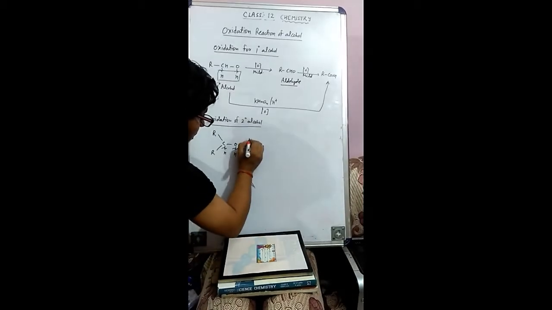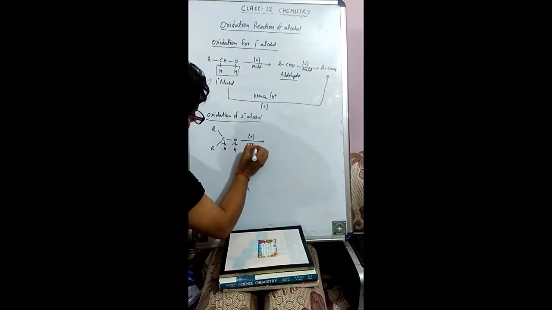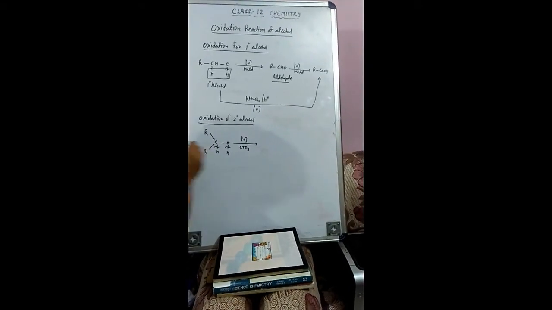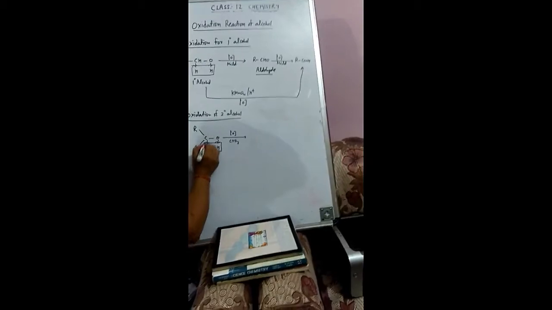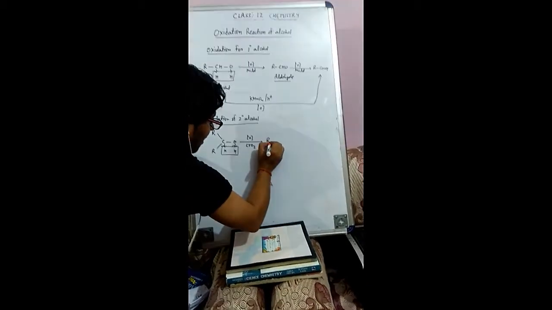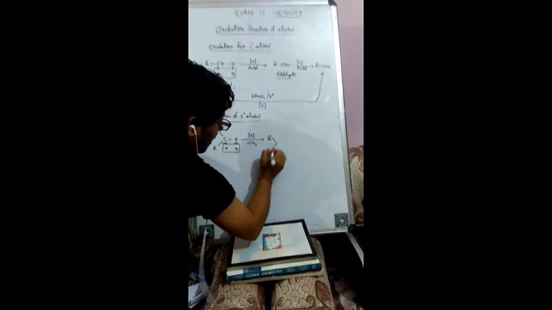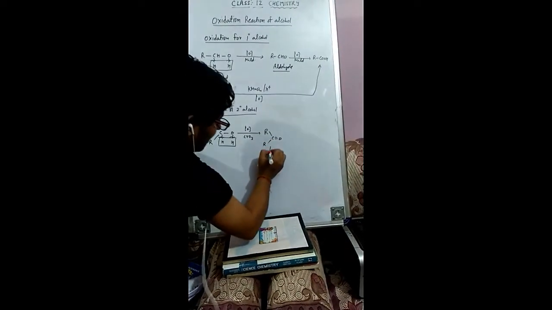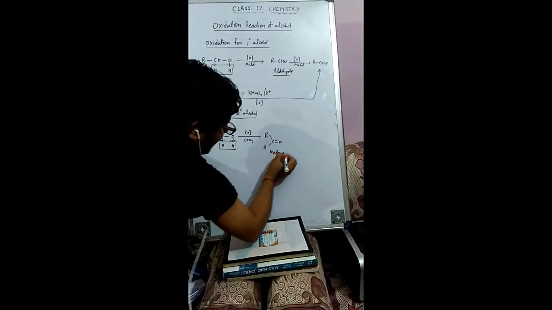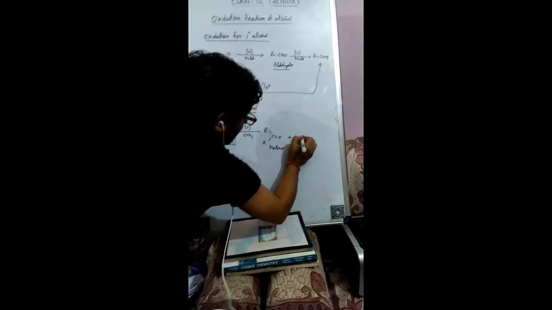In the presence of an oxidizing agent, CrO3, the oxidation process takes place and an H2 molecule is released. So what we get is R single bond C single bond R double bond O. This is a ketone, and it releases hydrogen gas.